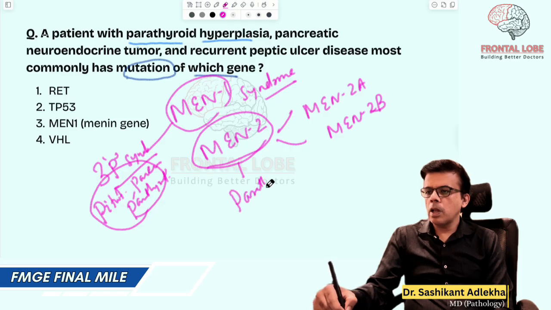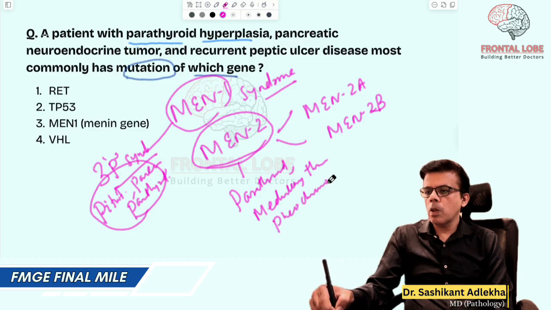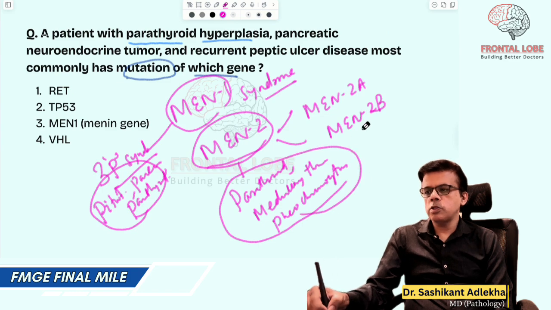parathyroid, there is medullary thyroid carcinoma, and also often there is pheochromocytoma. So these are seen in MEN2 syndrome, and MEN2B additionally may have some kind of marfanoid feature, and mucosal neuroma may be noted.